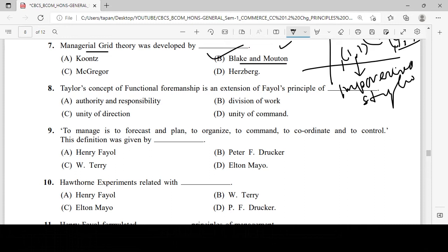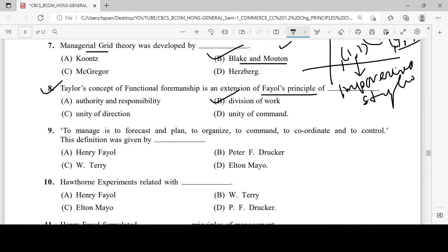Next, question number 8. Taylor's concept of functional foremanship is an extension of Fayol's principle. Which principle of Fayol? That is division of work.